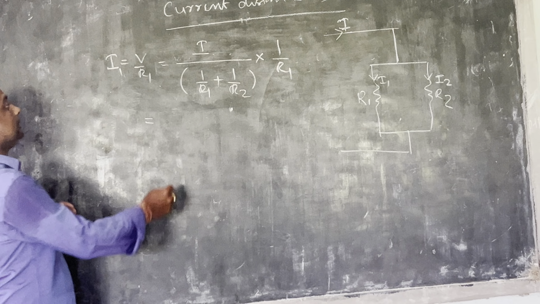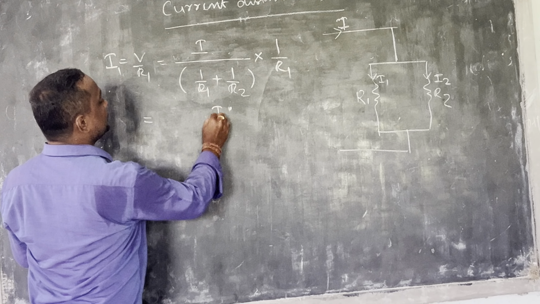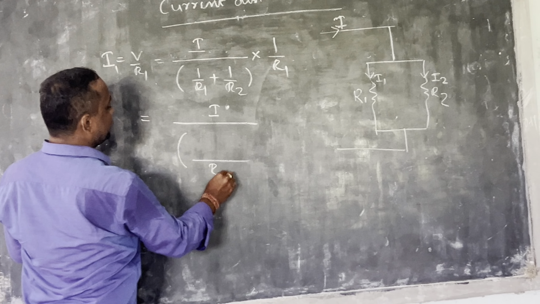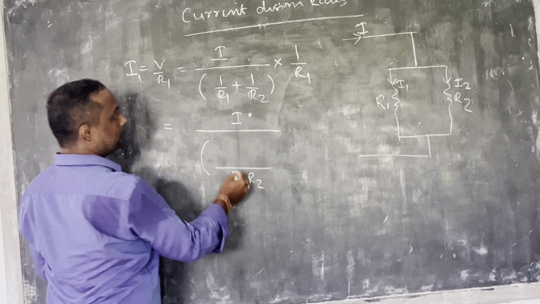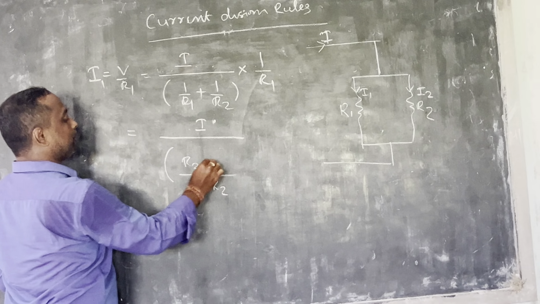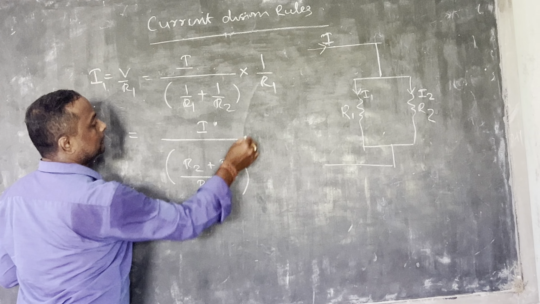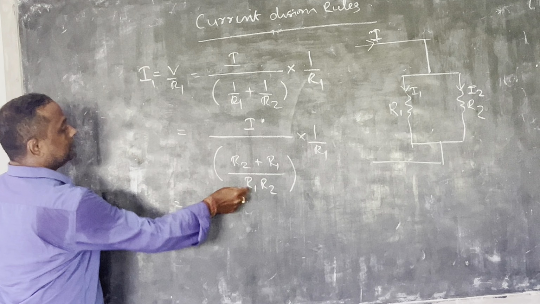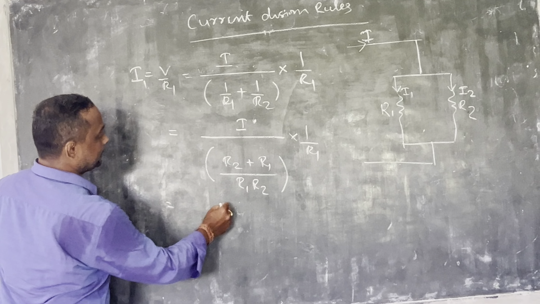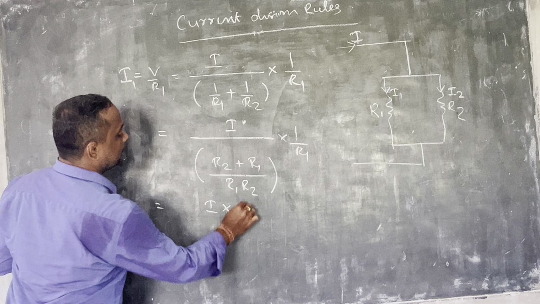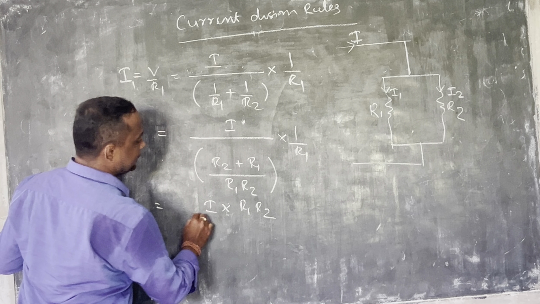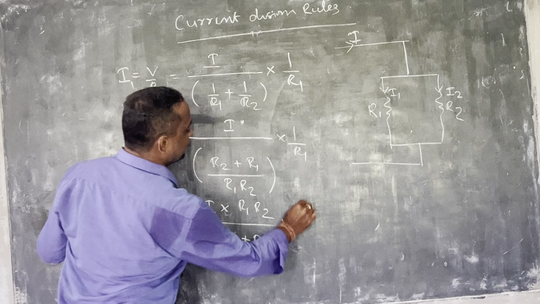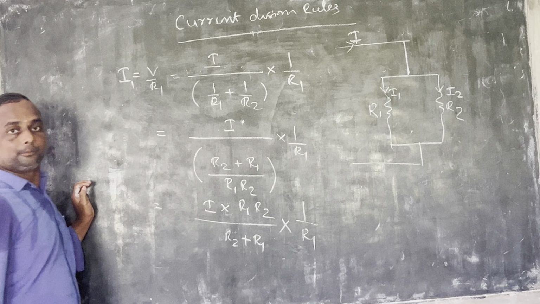Clear? Take the LCM: the total current I, that is 1 by R1 plus 1 by R2, becomes R2 plus R1 over R1 into R2. Clear? Taking the reciprocal, that is I into R1 into R2 divided by R2 plus R1, into 1 by R1.